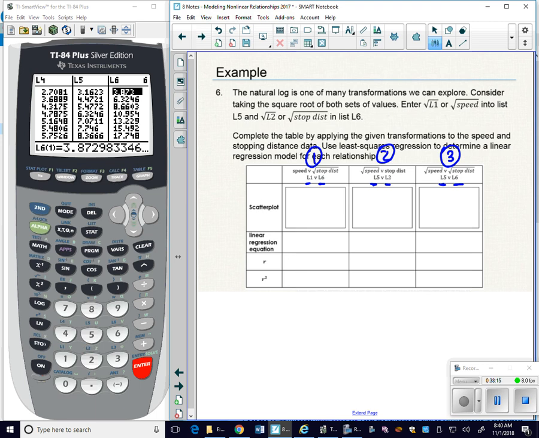And again, we're just doing least squares regression, so we're going back to doing linear regression, but make sure you're performing it on the lists that are indicated in each of the columns. And then report the r and the r squared value. Let's see if we can come up with a model that's even better than the one that we came up with in the last example. So again, please pause the video and come back on in maybe 10, 15 minutes when you're done.